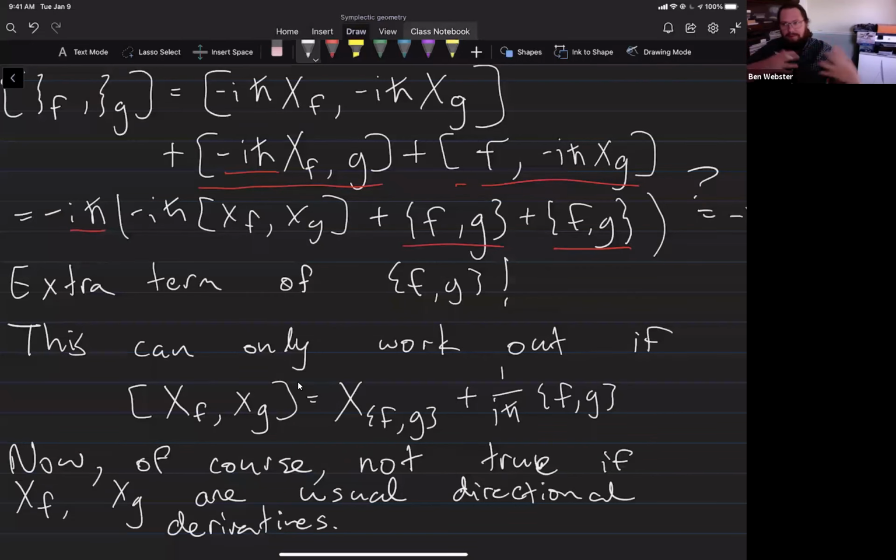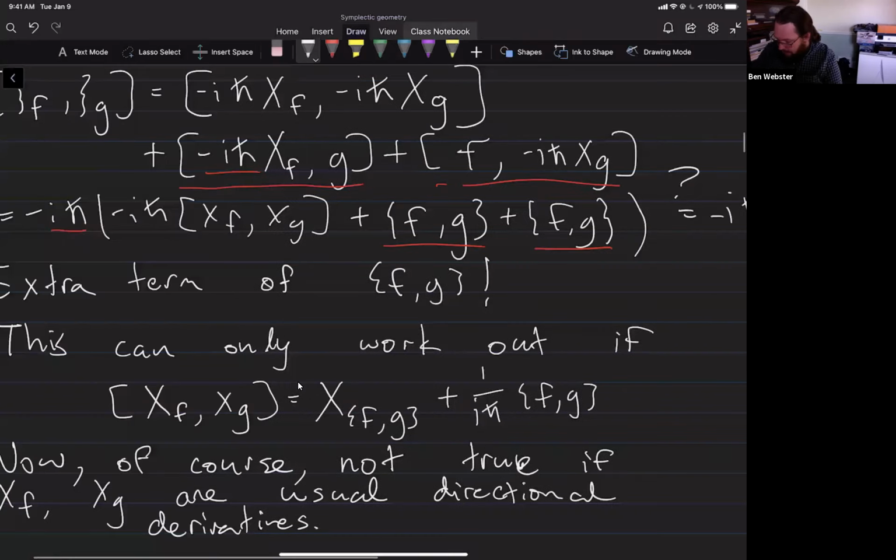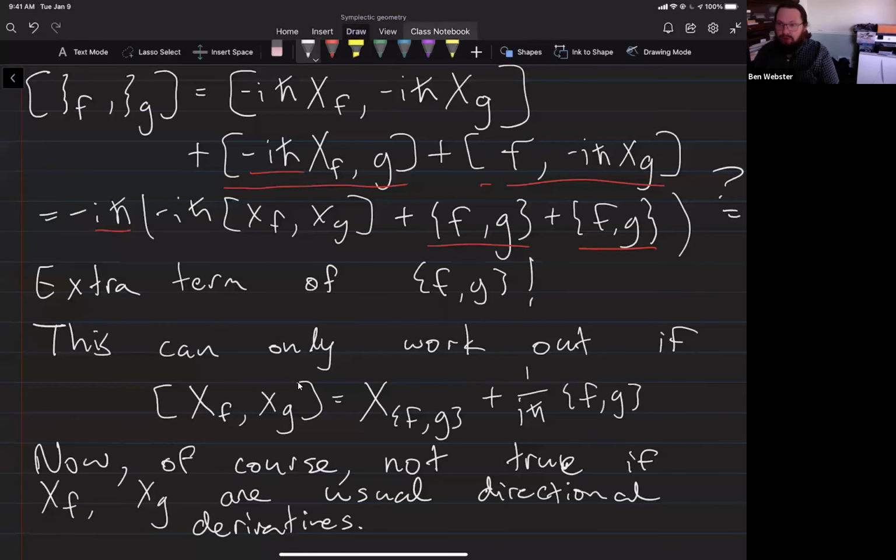That's what would make everything cancel out and allow me to get rid of this question mark over the equal sign. Now, that's just not true if X_f and X_g are interpreted as the usual directional derivative on functions. But of course, vector fields can act on something else.